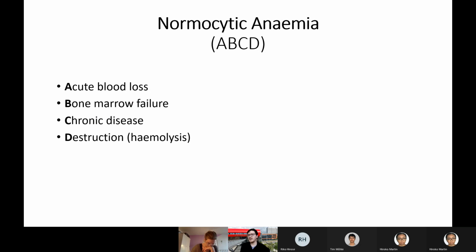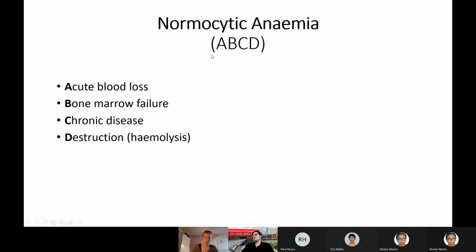And you will have a link to the Toronto Notes at the end of it. So the first one was TAILS, this one has ABCD, and macrocytic anemias has ABCDE. The most useful one for me was TAILS.